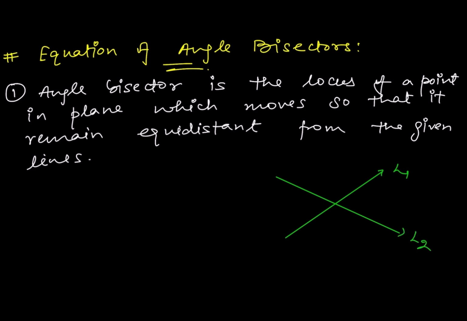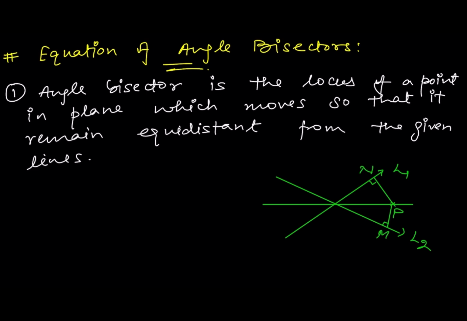Angle bisector is the locus of a point which moves in a plane so that it remains equidistant from these two given lines, that is this length and this length will always be equal, and distance is always perpendicular. So PM and PN are equal.